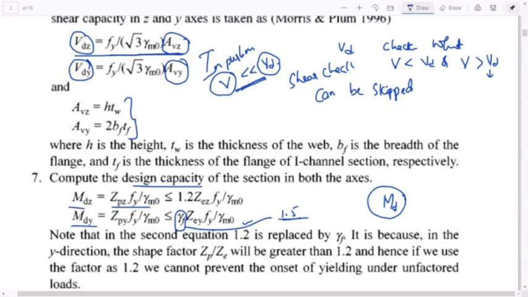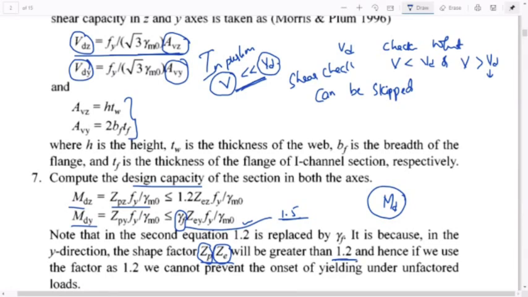Okay, so we are not going for this 1.2 in this place. See here, in the second equation, 1.2 is replaced by gamma f, because in the y direction the shape factor Zp by Ze will be greater than 1.2 for sure. The plastic section modulus about the y-axis divided by the elastic section modulus about the y-axis is going to be greater than 1.2.